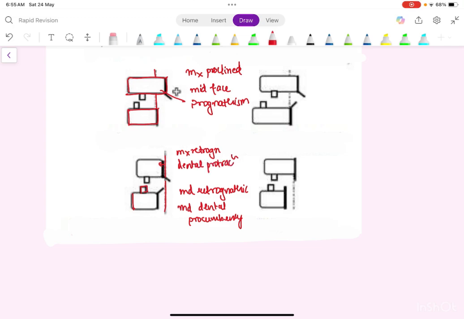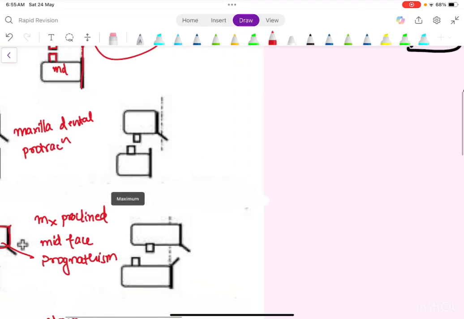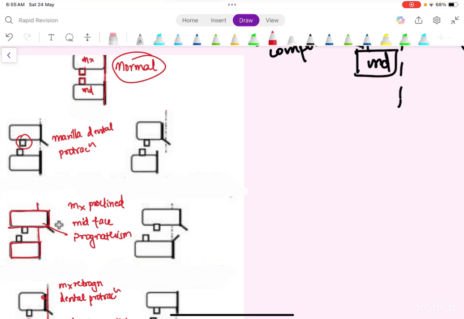Now let's see this one. This is the normal line of occlusion and both are behind, so the maxilla and mandible are both retrognathic. And the maxillary dental components, the teeth, are in front, so it's a maxillary dental protraction.